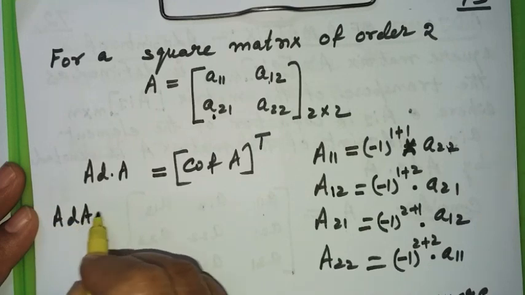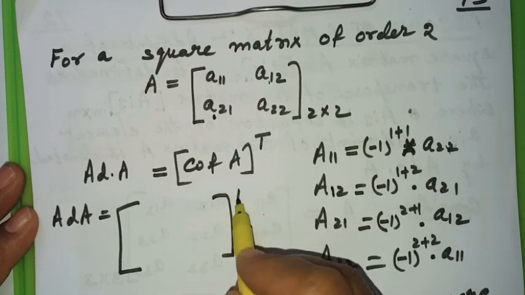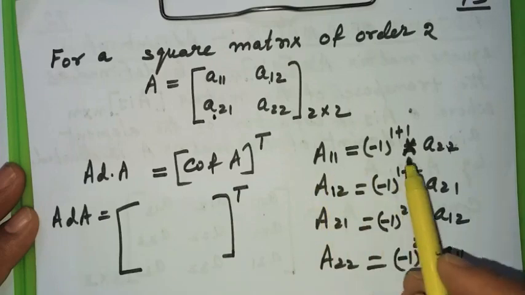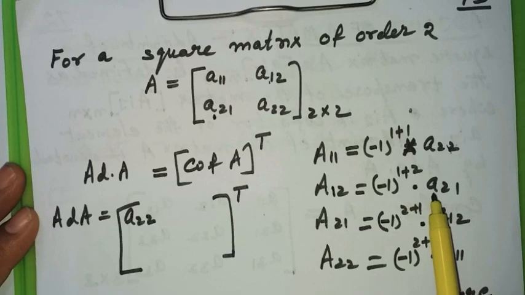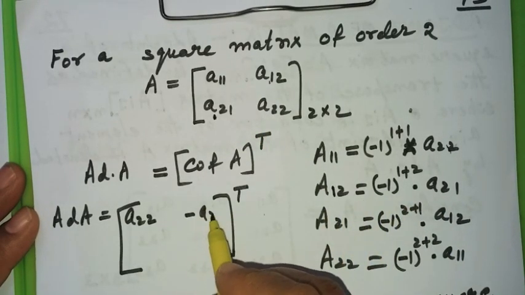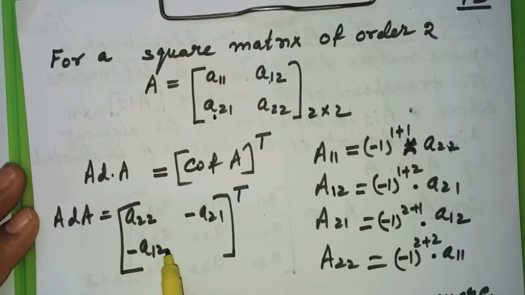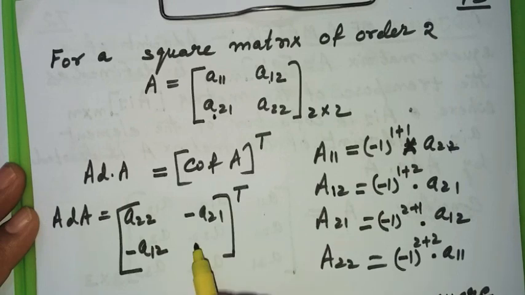So to find the adjoint of A, I replace every element by its cofactor to get the cofactor matrix of A. The cofactor of A11 is A22, the cofactor of A12 is minus A21, the cofactor of A21 is minus A12, and the cofactor of the element A22 will be equal to A11.